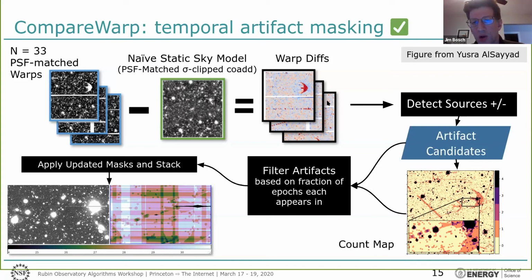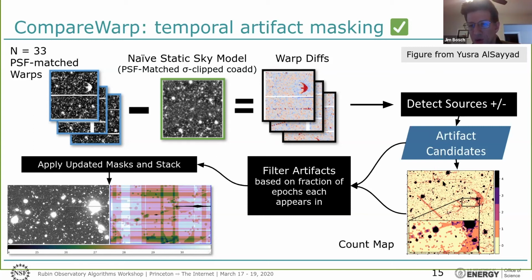And that gives us what we call warp diffs. And so you can see that this highlights all the temporal stuff, both the garbage like this interesting swallowtail ghost and a lot of real temporal detections that are too small to see in these images. From there, we can detect sources on those, both positive and negative sources, and that generates artifact candidates.